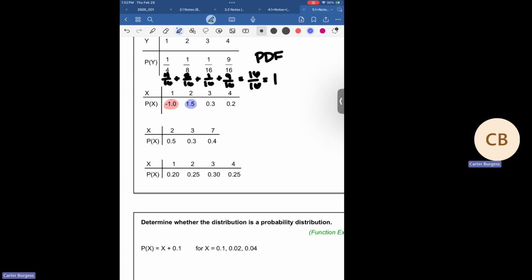Yeah, because it's a different reason why it doesn't work. So the first one doesn't work because negative 100% doesn't make sense. Negative percentages don't happen. Second one doesn't work because 150% also doesn't make sense. All right. Do these add up to 1?